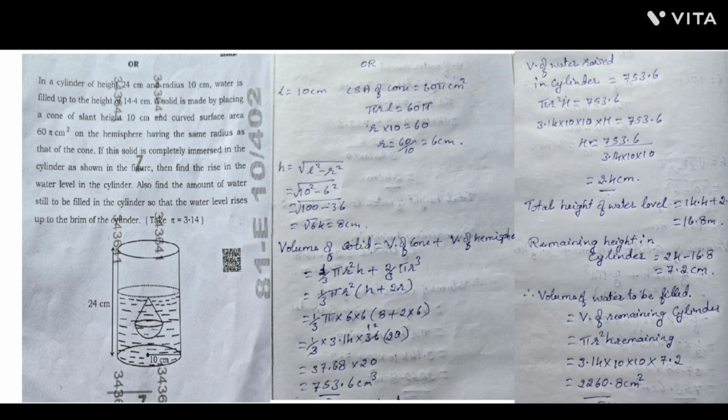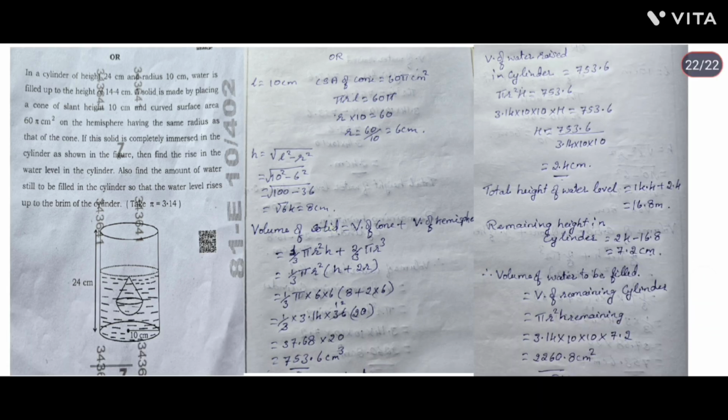After that, you are finding the total height of the water level. After that, the volume of water to be filled to fill it completely, using the height of the remaining part.